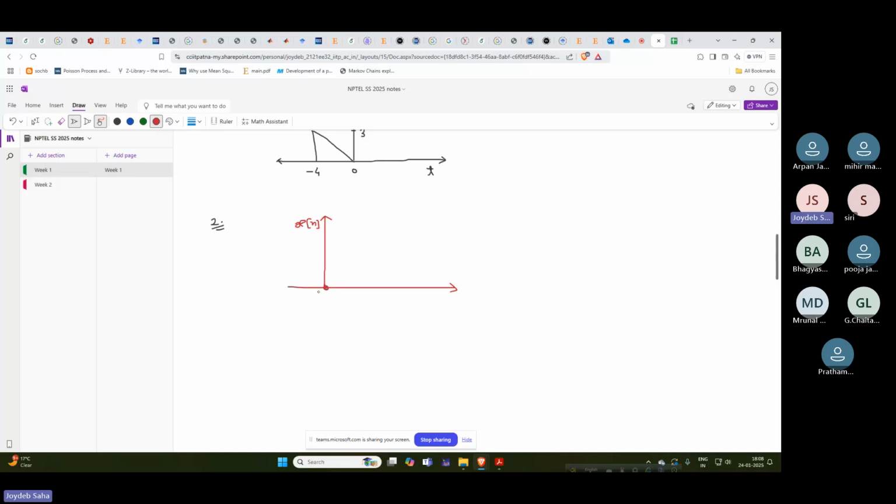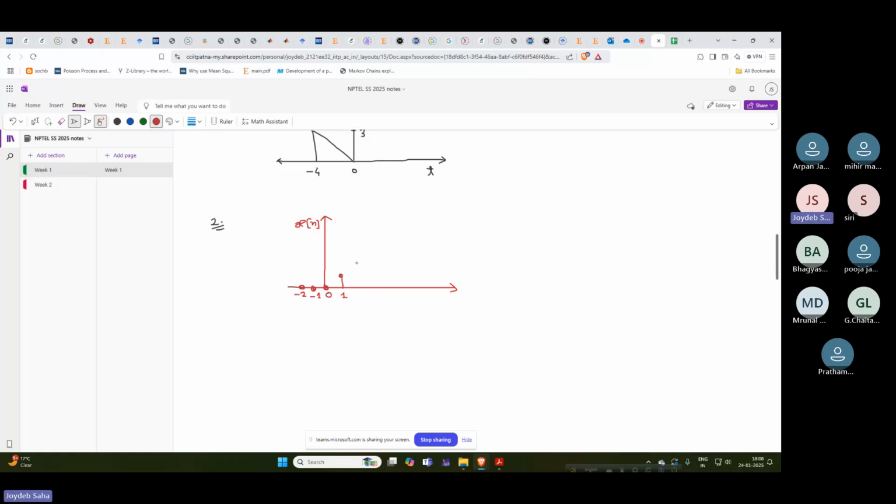At 0, 1 point is here, 1 is at minus 1, here is minus 2, at 1 this is 1, 0, minus 1, minus 2. Fine.